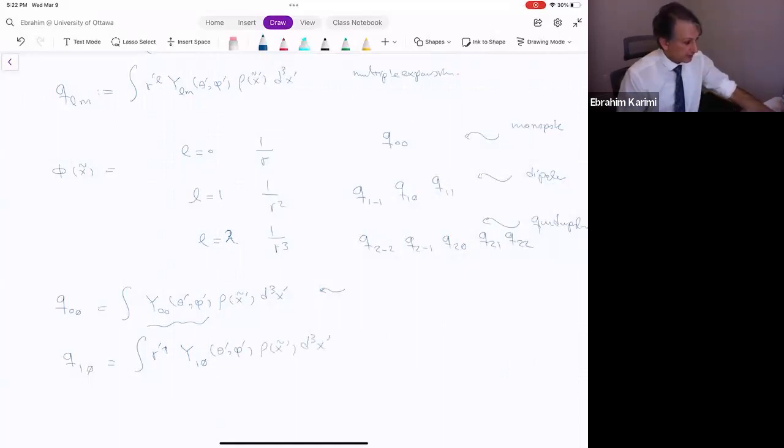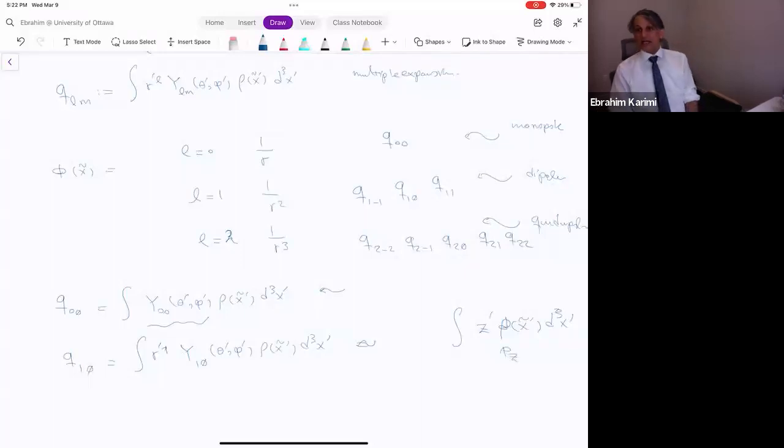If you do the mathematics, you will see that it is nothing more than the integral of z prime, rho of x prime, d3 x prime. So it looks like Pz that we have in Cartesian coordinates. It is a dipole moment, like the dipole moment that we have in Cartesian coordinates.